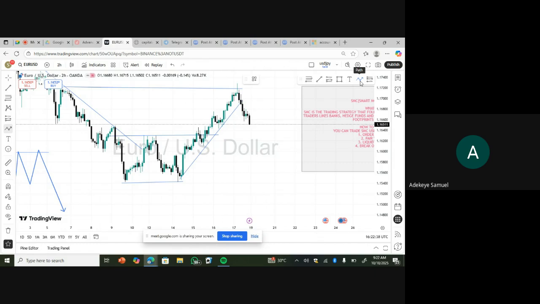And after the chart formation, we have the bullish movement, which is higher highs and higher lows, right? The market makes higher highs and higher lows.